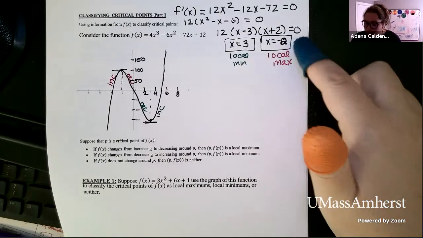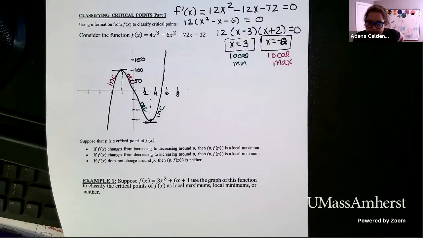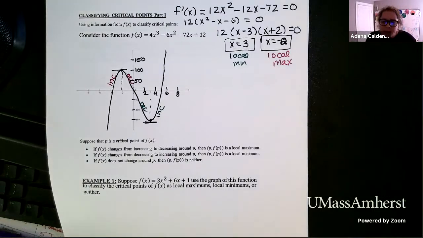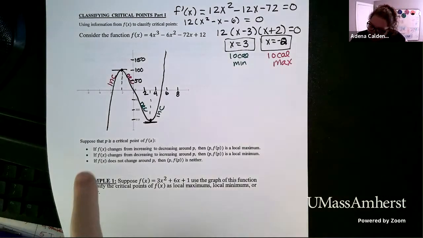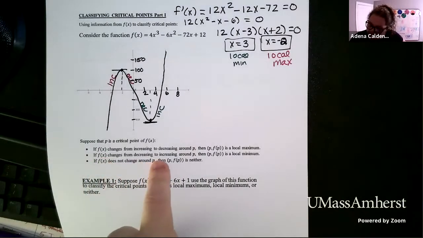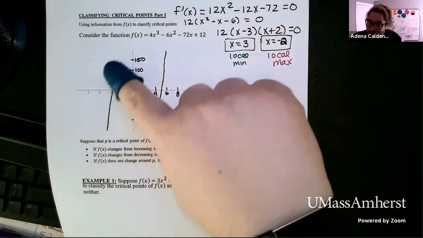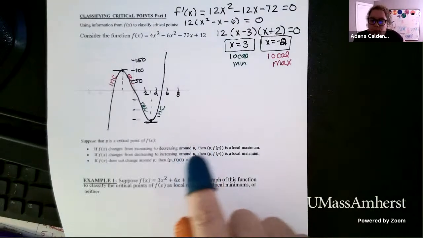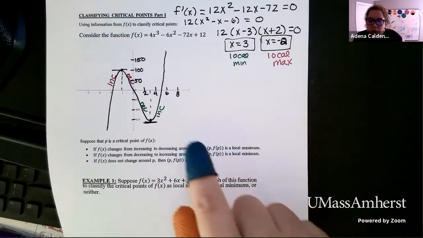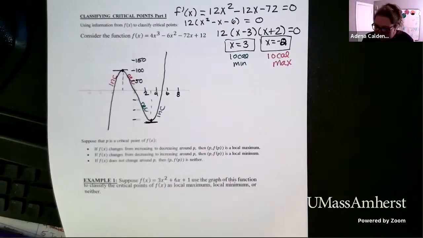You have your critical points, you can look at it, tell if it's a max or a min, but very specifically, what the test says is if f of x changes from increasing to decreasing, so going up and then coming down around your critical point, then that critical point is a local maximum.